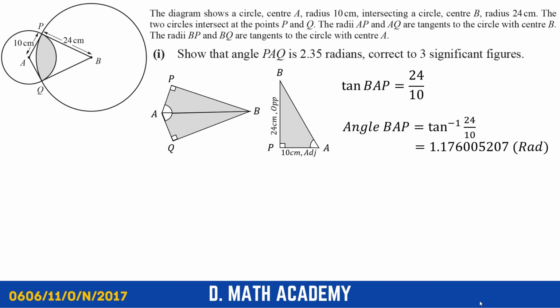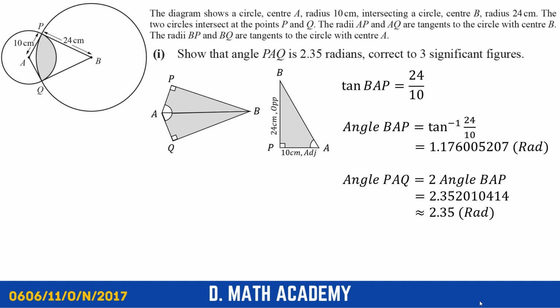So angle PAB equals tan inverse of 24 over 10. You will get 1.176005207, and this is your radian. However, this is only our PAB's value, not the one requested by the question, PAQ. To get that, you're required to multiply the result by 2, then you get 2.35.